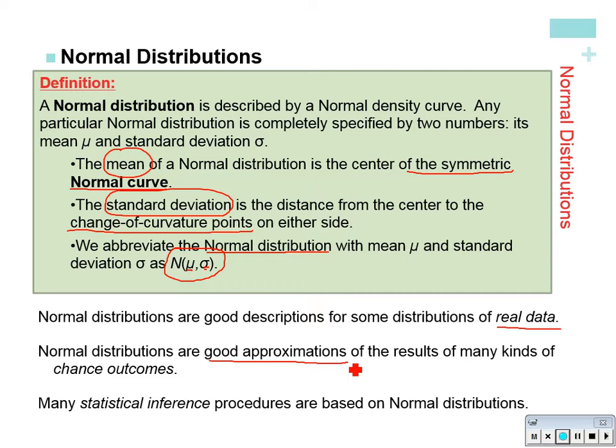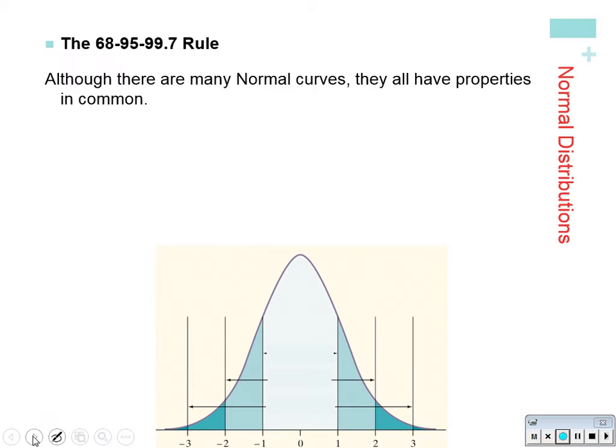And a lot of the procedures for inference, which is basically the procedures you follow to make predictions on data that you collect, are based on the normal distribution. If there was one thing in statistics that I would tell you is the most important, I think you'd have a hard time arguing that the normal distribution wouldn't be at or very close to the top of that list. Very important for a lot of the things we're going to do moving forward.